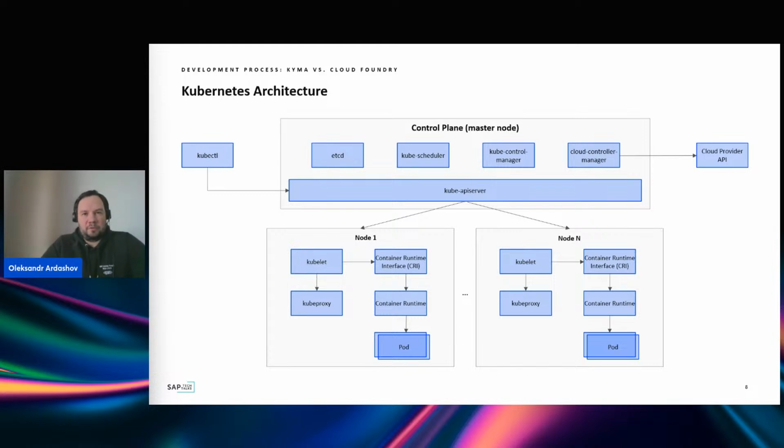Of course, we also have different services up and running, which help to keep our pods healthy and up and running. That is how a Kubernetes cluster looks like in short.